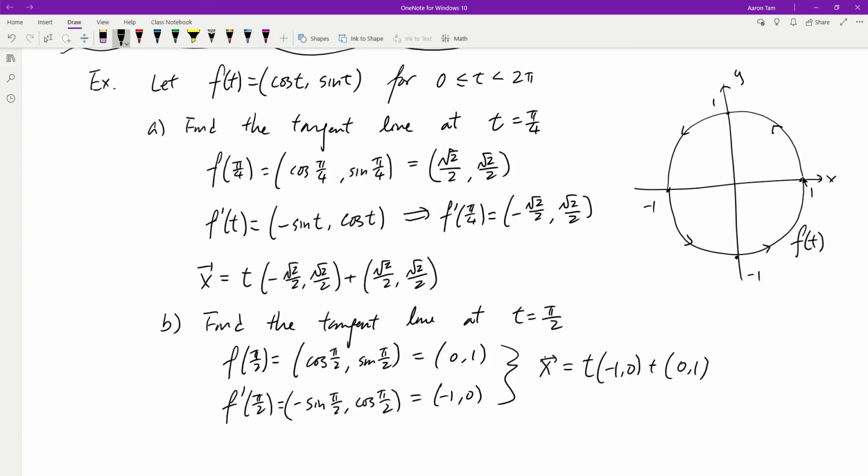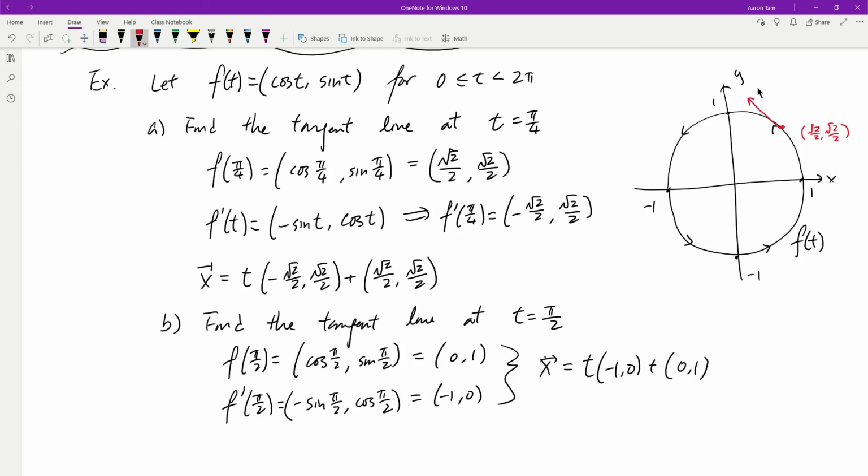So now if you think about what happened to the two tangent lines that we formed, notice that when t equal to pi over 4, it basically just means that we rotate 1/8 of a circle. So therefore, our first tangent line will be at this point, root 2 over 2, root 2 over 2.